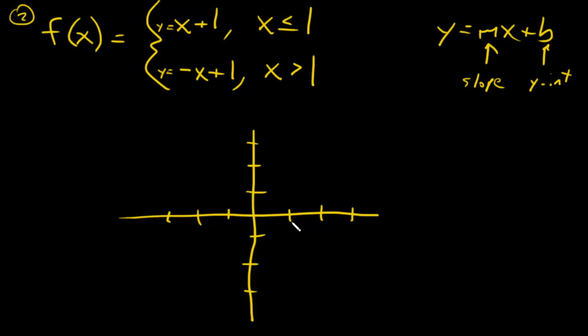Okay? So for the first one, I'll look and see where it hits the y-axis first, and that hits at positive 1. So I'll put a dot right there. And then I'll look at the slope to see where I put the next dot. The slope in front of this x is a positive 1, and the positive 1 is 1 over 1. So I'm going to be going up 1 over 1 for the next point. And then I just connect the dots.